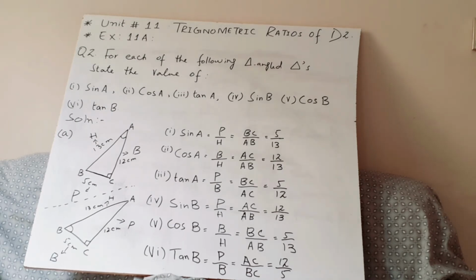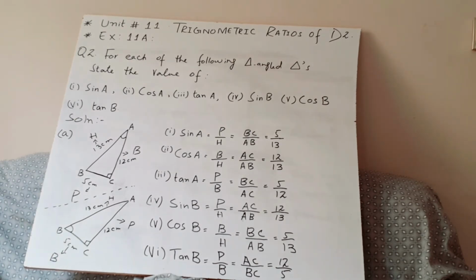Now move on to the second, cosine A. For cos, what was the mnemonic? Curly brown hair, which means base upon hypotenuse. We have already identified the base, which is AC, divided by hypotenuse AB, equals AC 12, AB length is 13, so 12 over 13. Cosine A is 12 over 13.